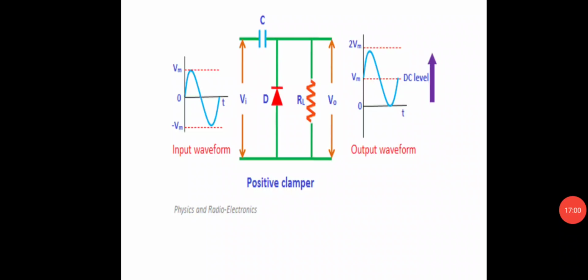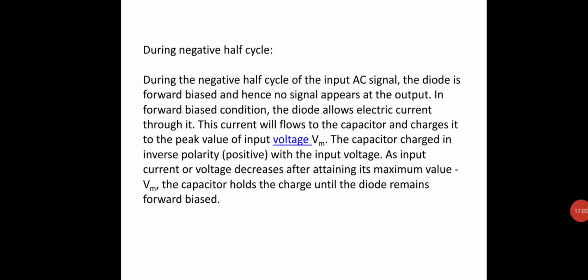Now that is the working, and let's discuss the theoretical portion, which we already explained, but now we explain again. At first the capacitor is charged. Which cycle we take depends on the capacitor, input and diode position.